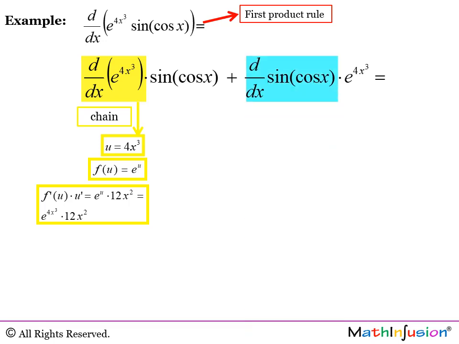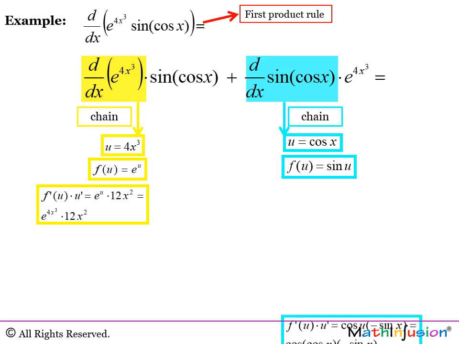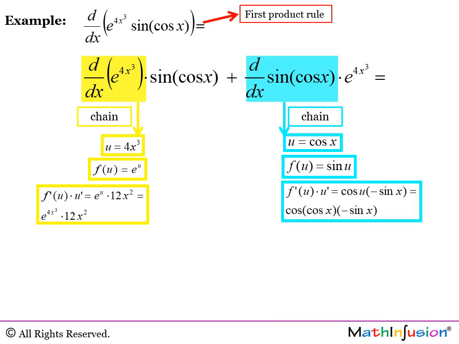Now I'm going to focus on this one. I will apply the chain rule. u is cosine x, and the outer function is sine of u. And I get cosine u because it's the derivative of the outer function, sine of u, times the derivative of the inner function, and I get negative sine x.